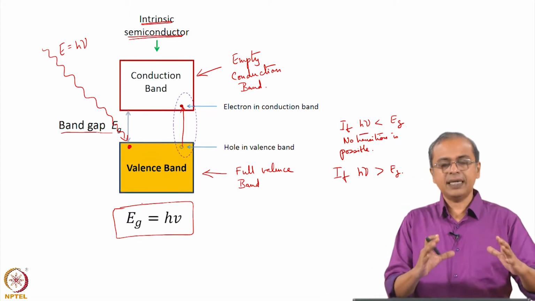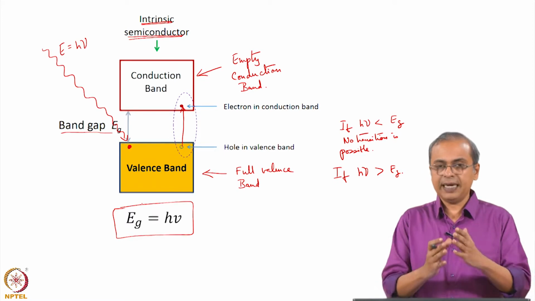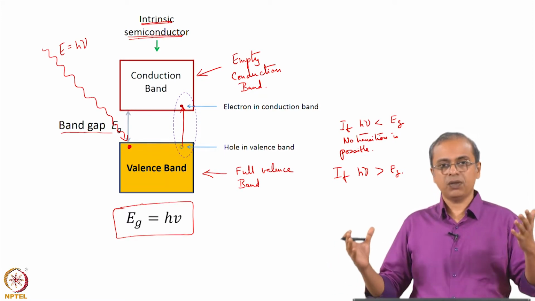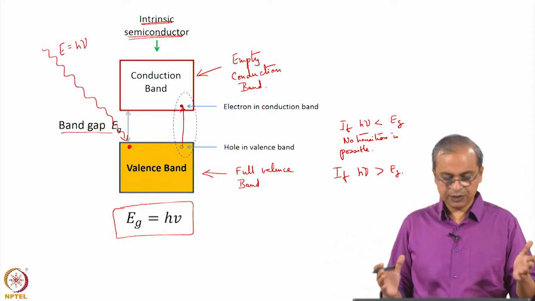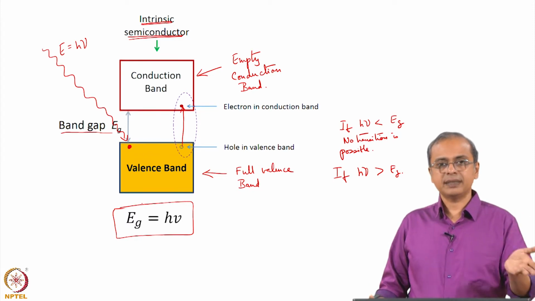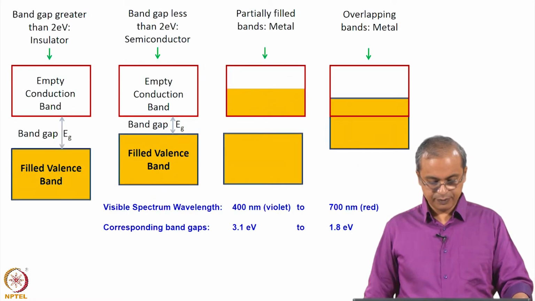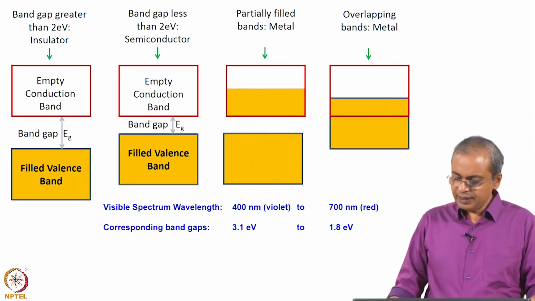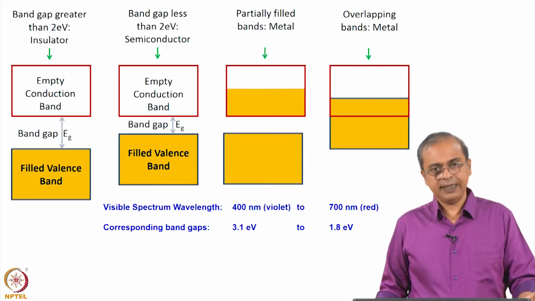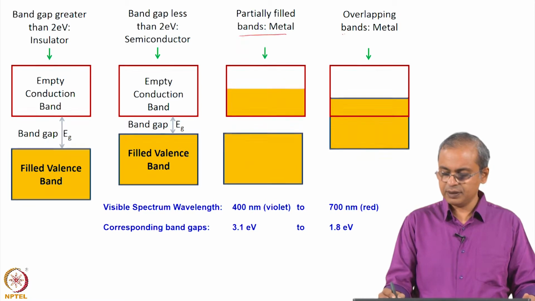So, this is a general case of an intrinsic semiconductor. We can now look at a range of possibilities of materials with different kinds of band structure, and using the same idea, try to understand what you are likely to observe. So, if you see here, you have 4 possibilities. The first 2 we are calling metallic systems.